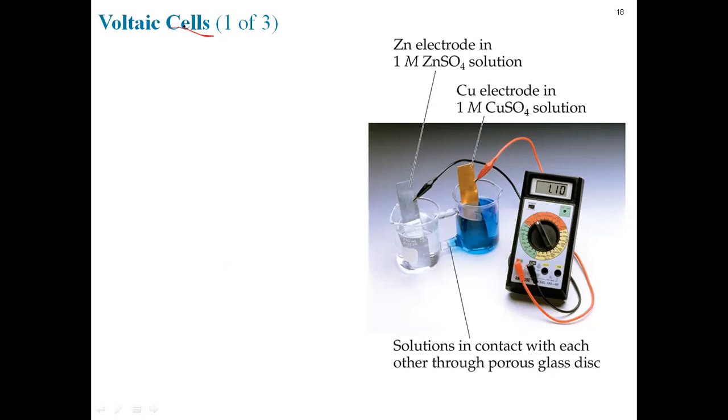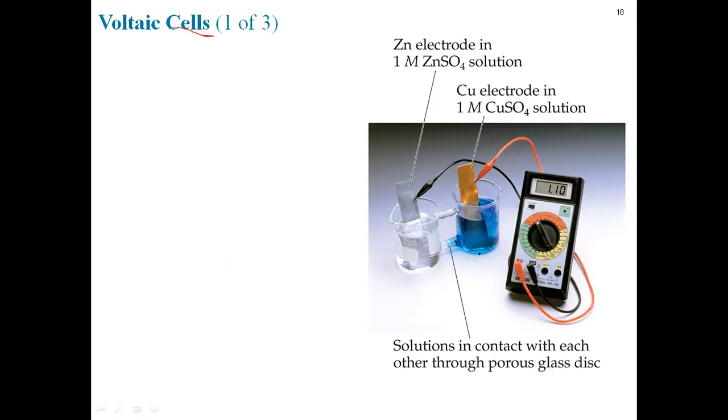For this first type of cell, we call them voltaic, named after one of those scientists. In the voltaic cell, we use the spontaneous reaction to produce electricity.